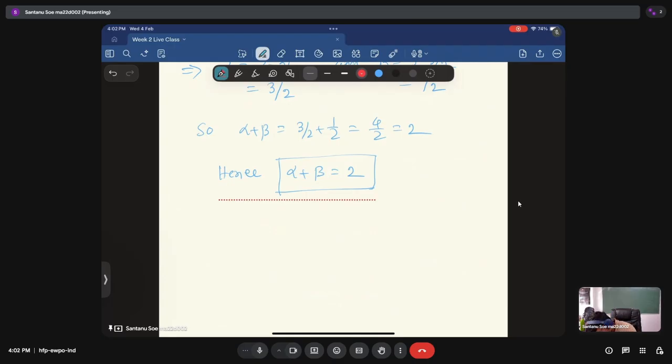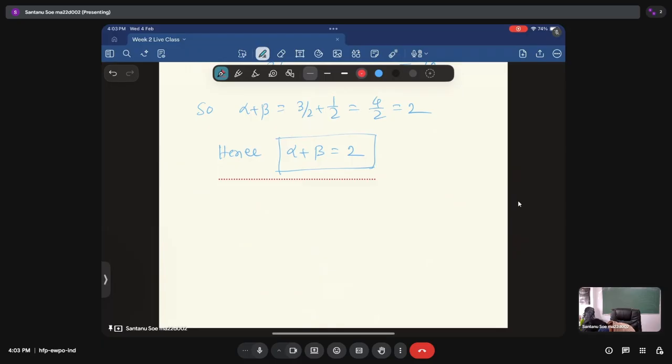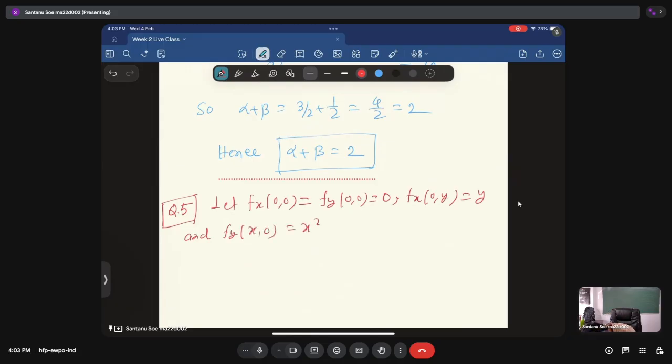Okay, so this is question number 5. It is given that f of x comma y, f_x at 0 comma 0 and f_y at 0 comma 0 are 0, f_x of 0 comma y is y, and f_y of x comma 0 is x square.